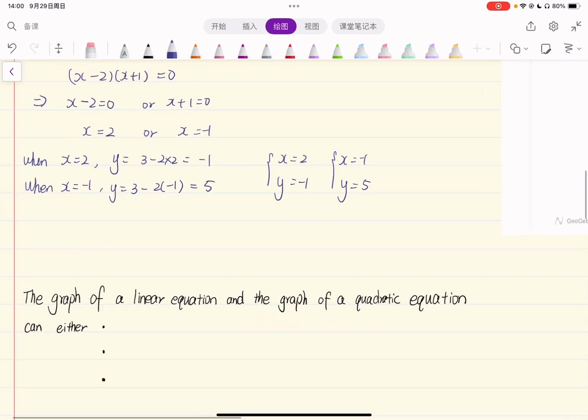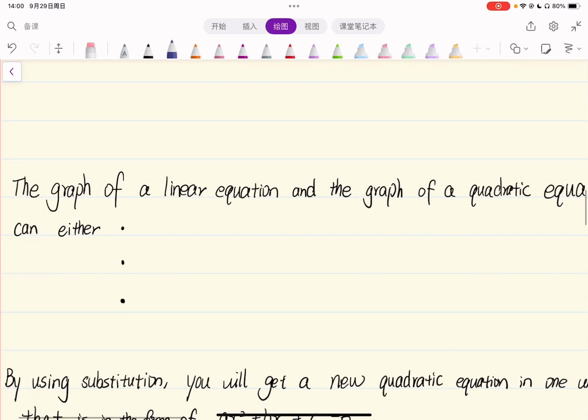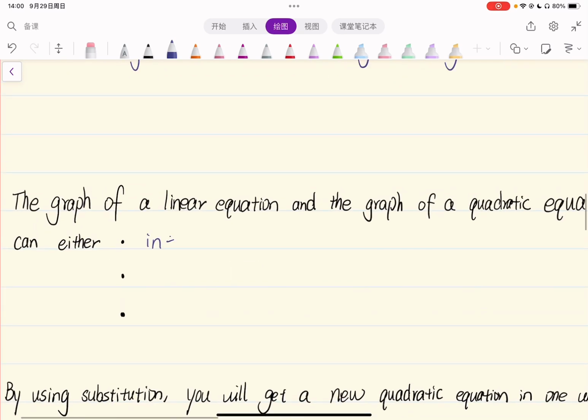The graph of a linear equation and the graph of a quadratic equation can intersect in three situations. The first is that it can intersect twice, it can also intersect once, or maybe not intersect.